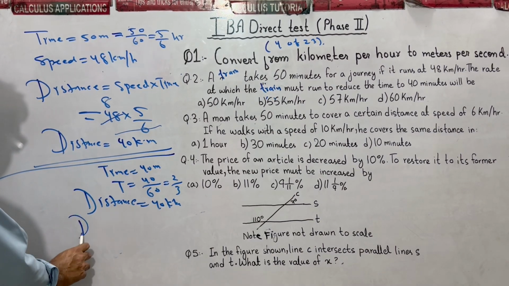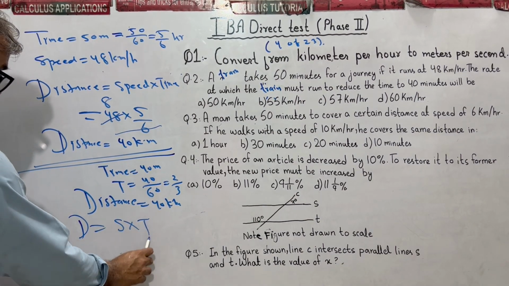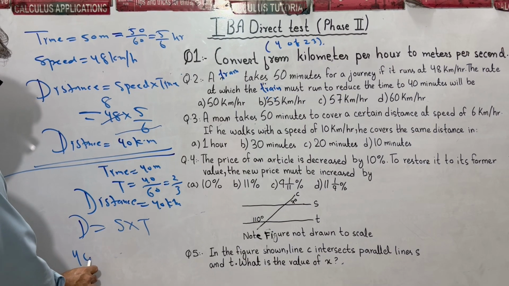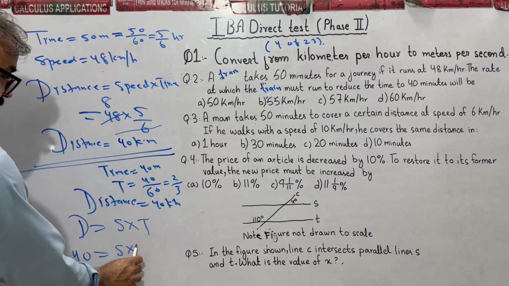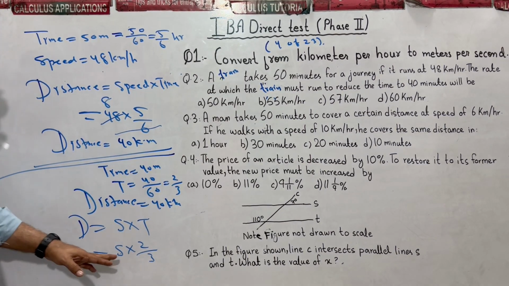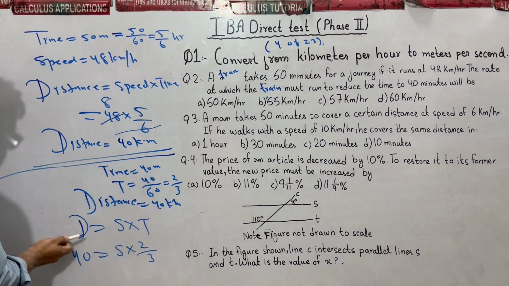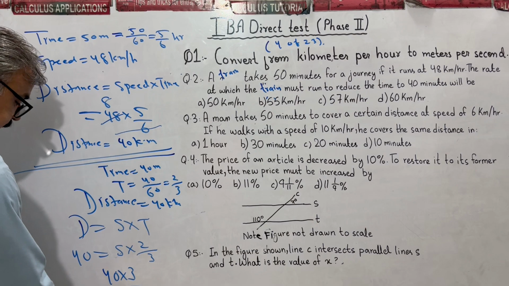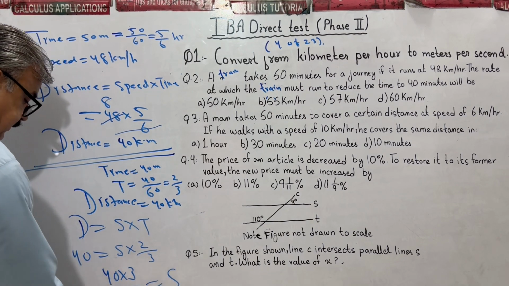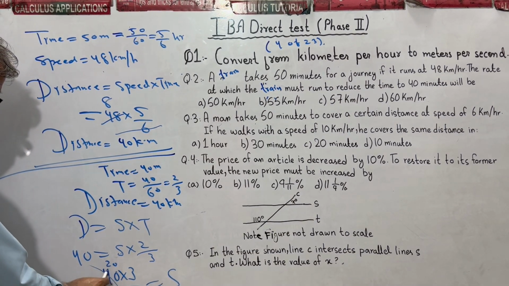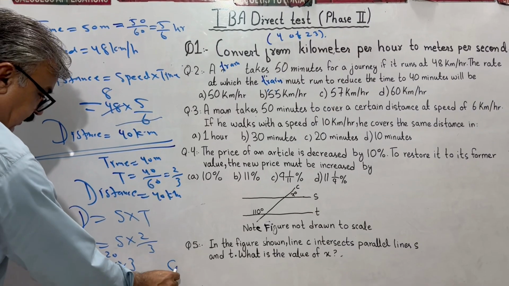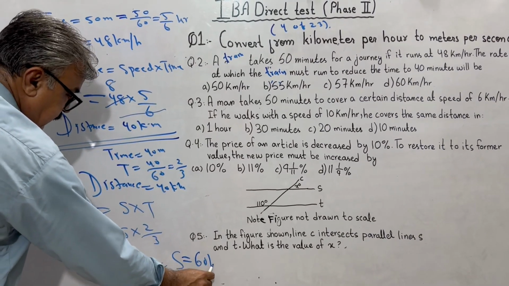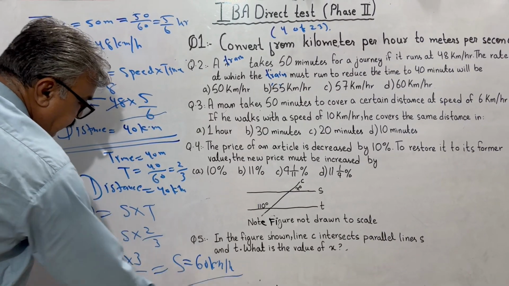Same formula, distance is equal to speed multiplied by time. Distance is 40. We are interested in speed. Time is 2 over 3. Solve for speed. 3 will be in multiplication, 2 is in division. So I have 40 times 3 divided by 2, which is 20 into 3. Speed is 60 kilometers per hour.